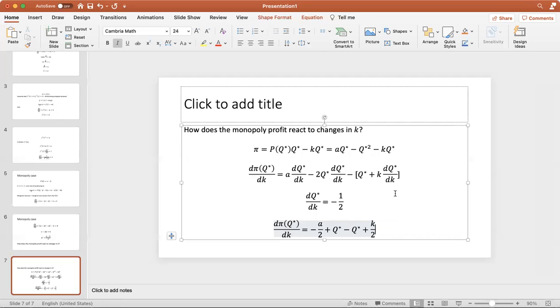Q star minus Q star will disappear, and therefore the derivative of the profit function with respect to k will be K minus A over 2.